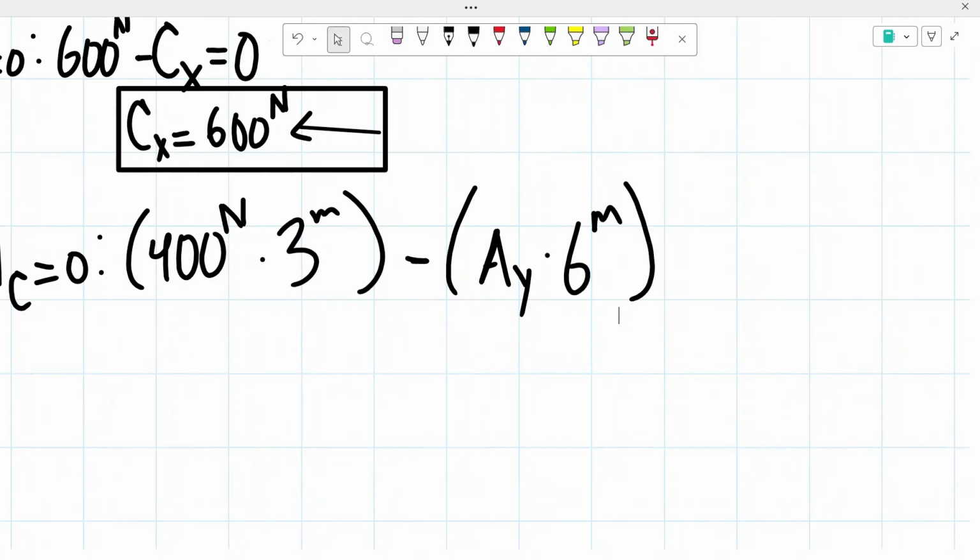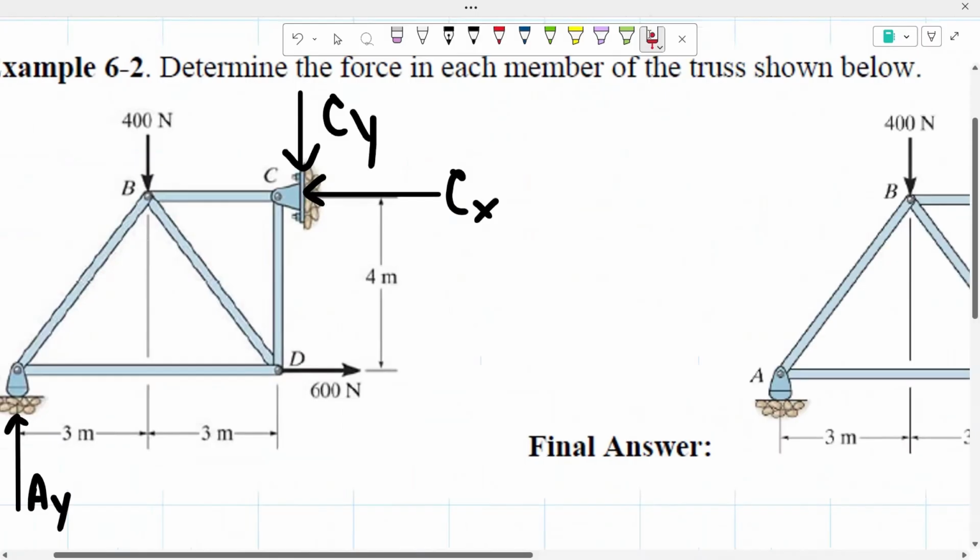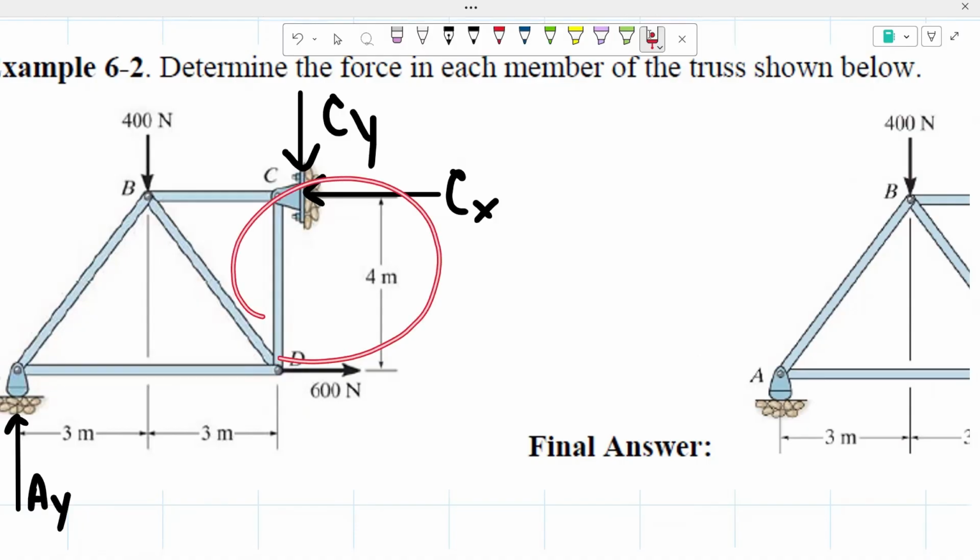And then we have one more force that's going to be creating a moment, which is the 600 newtons. This 600 newtons is going to the right. That means it's going to be creating that counterclockwise moment, meaning a positive moment. And the distance is going to be that 4 meters.